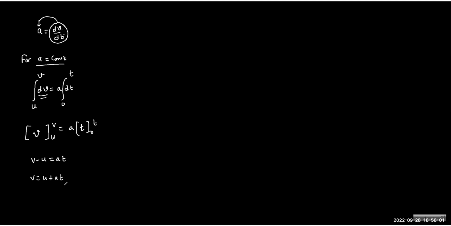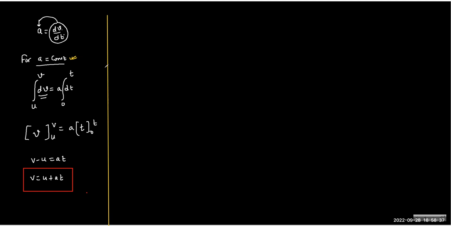Now tell me, is this equation applicable every time for any kind of acceleration, or is it only meant for some kind of acceleration? When is this formula applicable? Only for constant acceleration, isn't it? See, we derive the formula with the assumption A is constant.